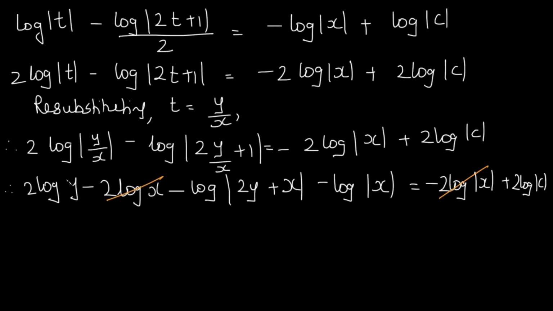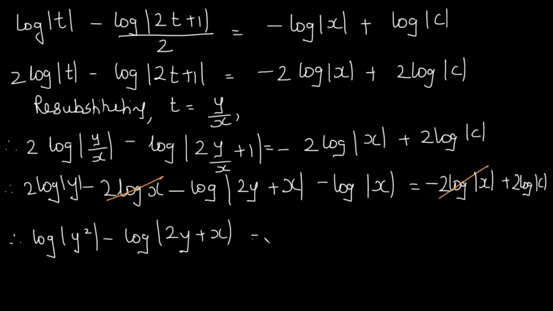Now observe what is being done over here. See, 2 log mod of y. Now this 2 can be written as a power, which is a rule of logarithms. So here we get log of mod of y square. So 2 log y is written as log y square minus log of 2y plus x is equal to minus log x.